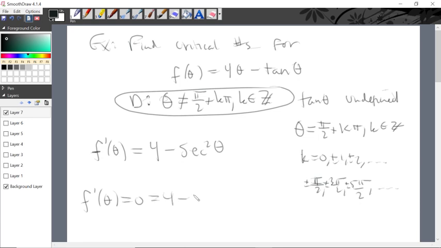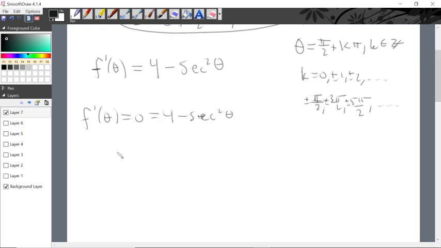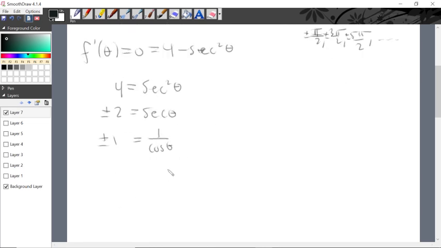Okay, let's set f prime of theta equal to 0. We're solving 0 equals 4 minus the secant squared of theta. So that's 4 is equal to secant squared theta. That would be where the secant of theta is equal to plus or minus 2. We might recall that's the same as 1 over cosine theta is equal to plus or minus 2, by the reciprocal identity.